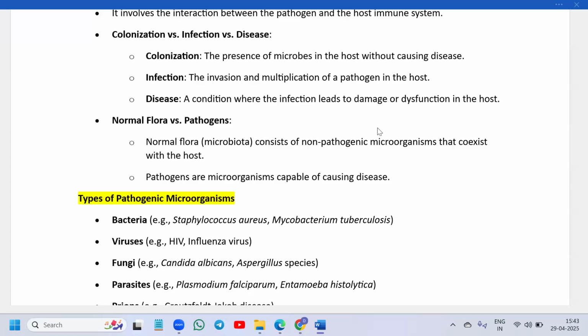They coexist with the host. Sometimes they are useful, like your gut microbiota is useful to you, right? Sometimes they are harmless, they don't do anything. So those are all normal flora. They are not going to cause disease, whereas pathogens are organisms that are going to cause disease.